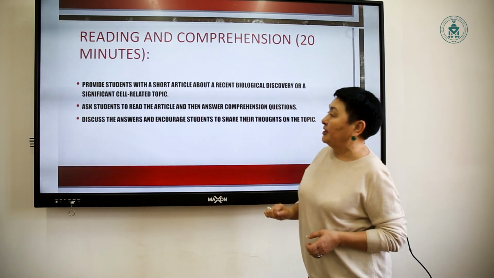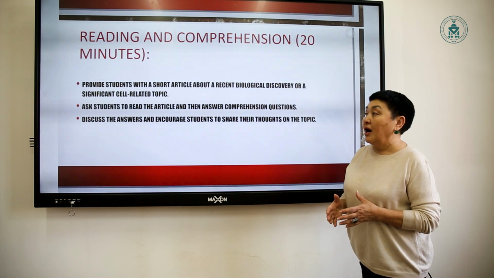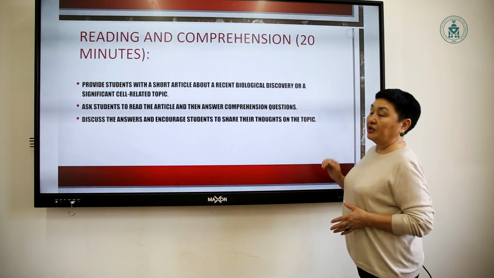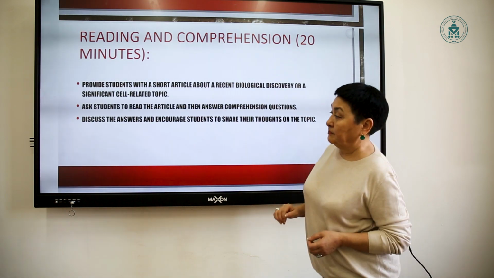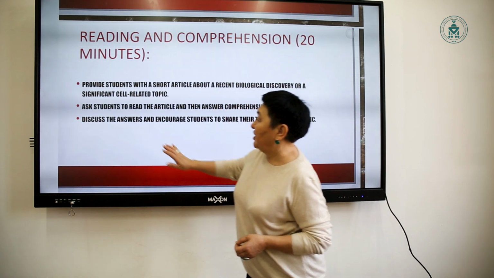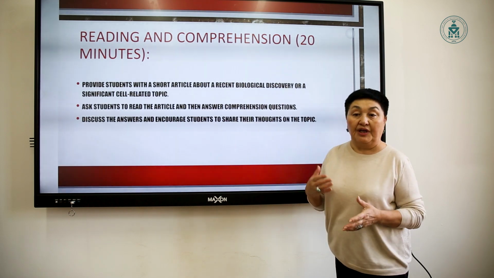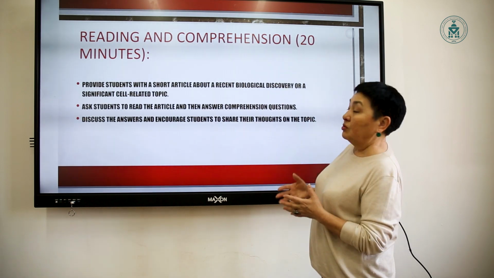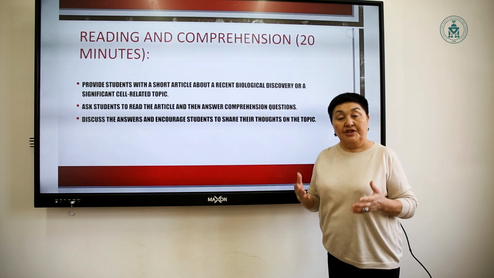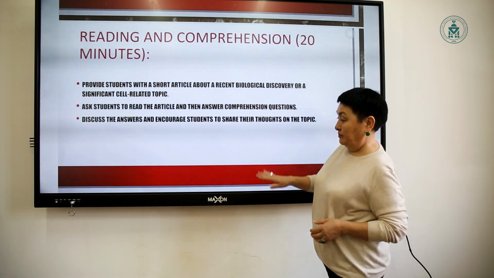Ask students to read the article and then answer comprehension questions. Discuss the answers and encourage students to share their thoughts on the topics, to share their ideas also.